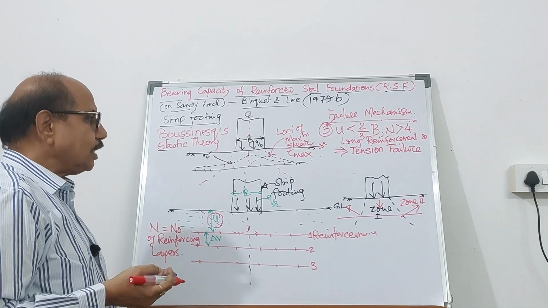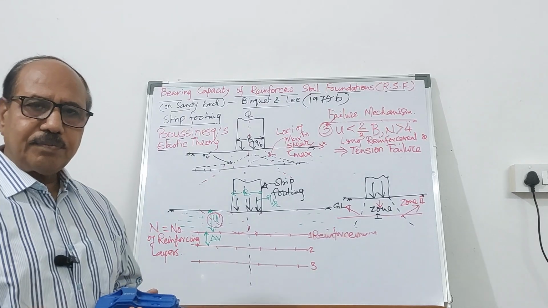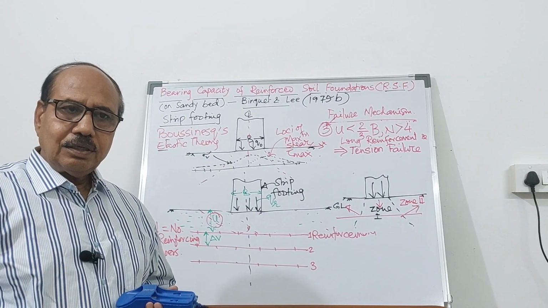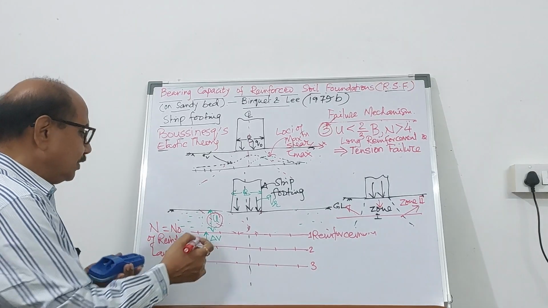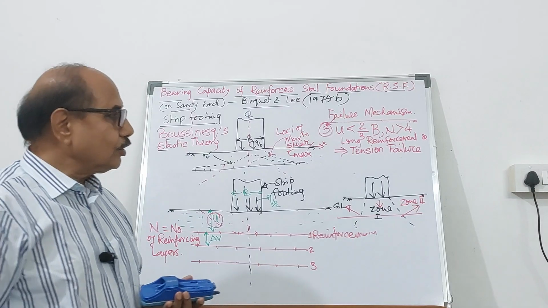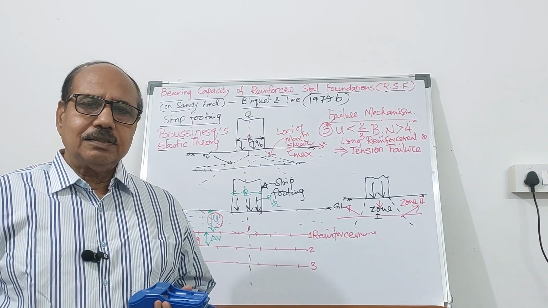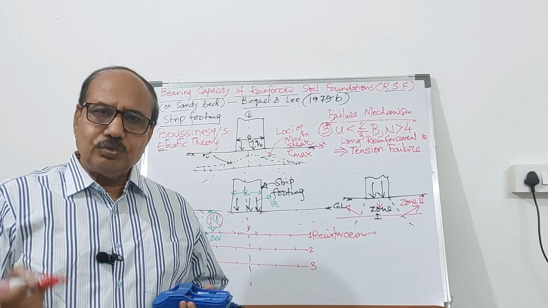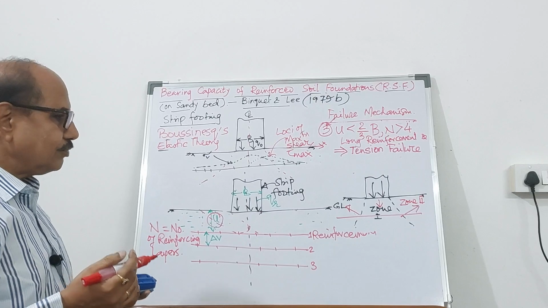And he showed that there could be tension failure, there can be pull-out failure, or if the depth of the first layer is greater than 2/3 of B, then it may lead to the shear failure. So these are the failure mechanisms.